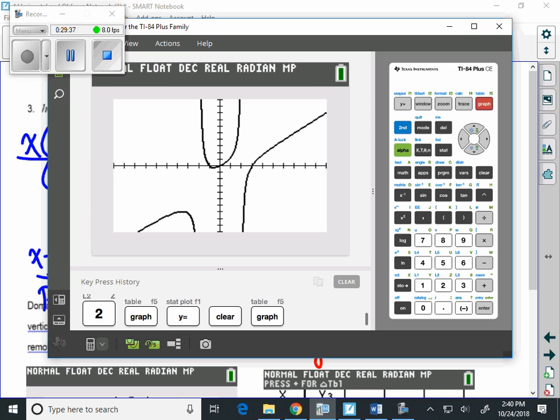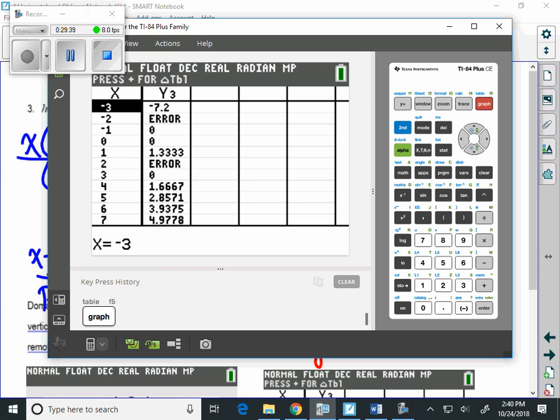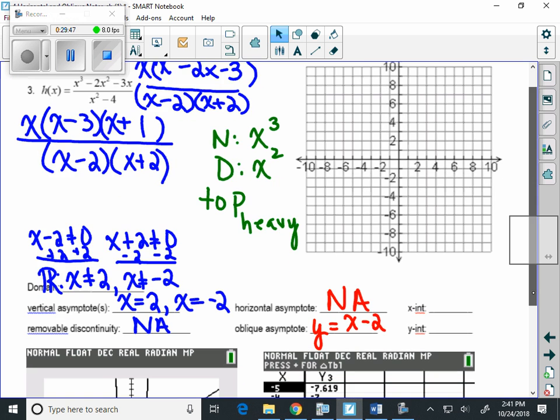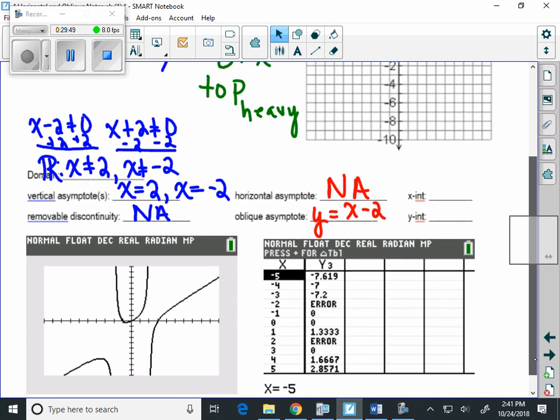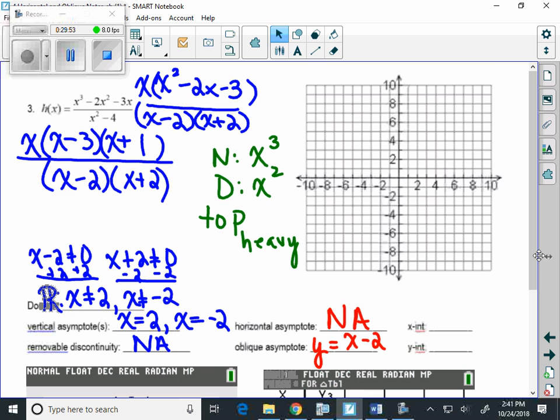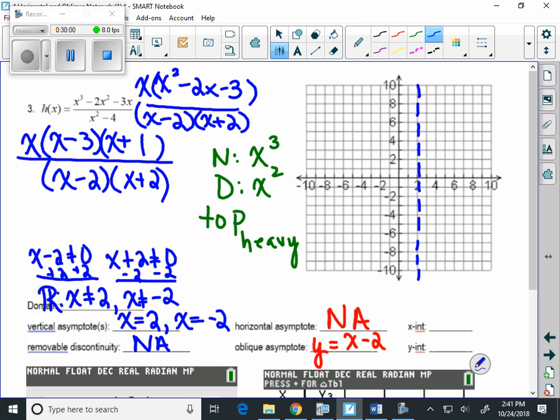So we can go to second table to look at this, and we can get some points that we can use here that I have actually back here on my screen. So first and foremost, let's put in our asymptotes of x equals 2 and x equals negative 2. And then our y equals x minus 2.